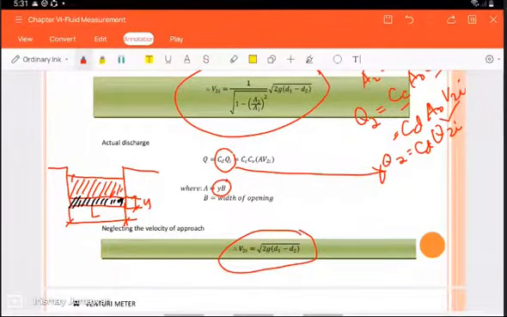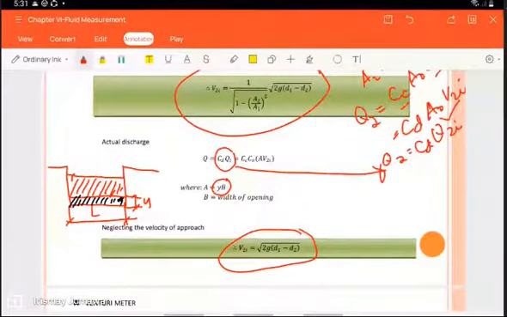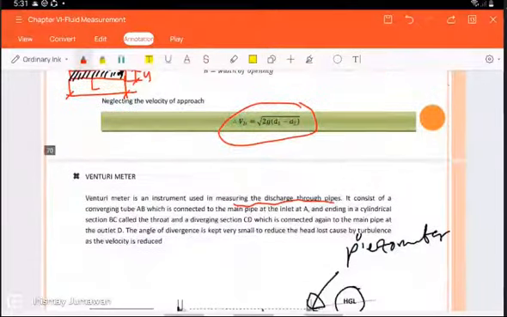If we neglect the velocity of approach, this will be the formula: square root of 2g (d1 minus d2). All of this is derived using Bernoulli's equation. So for me, don't just memorize. You have to illustrate the problem and understand it, then apply Bernoulli's equation and continue the equation.